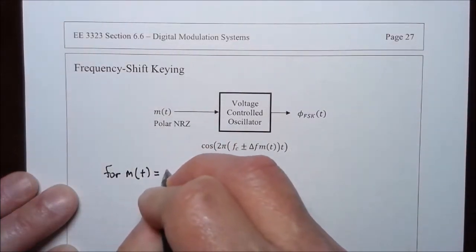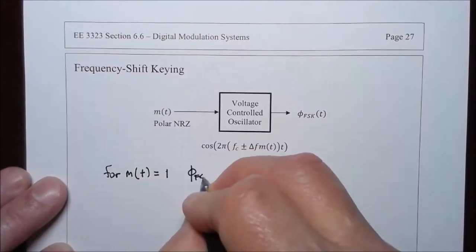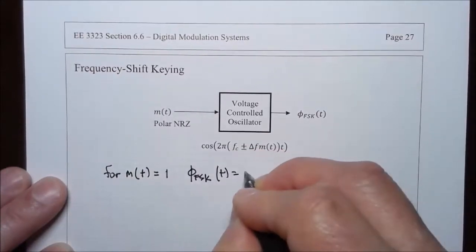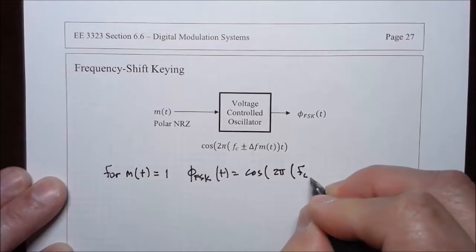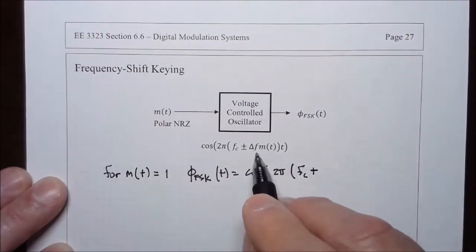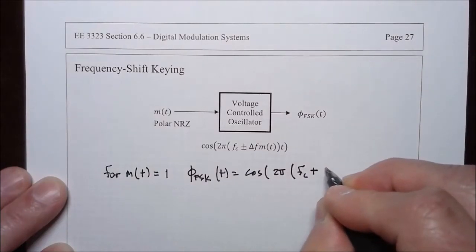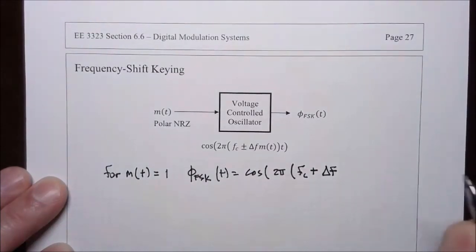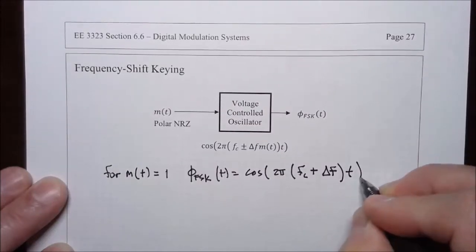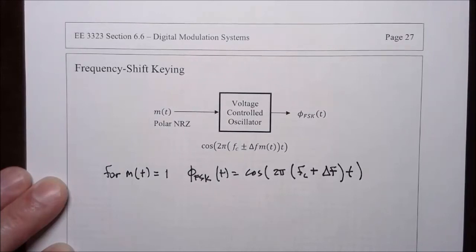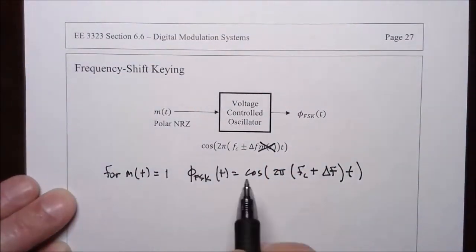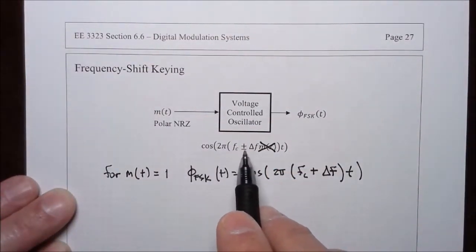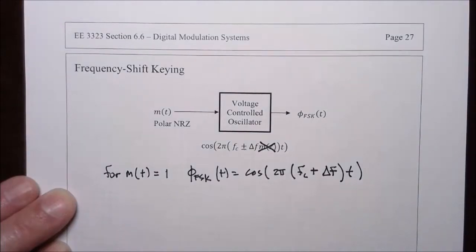For the message signal equal to +1, the frequency shift keyed signal as a function of time is going to be cosine of 2 pi times FC plus delta F times T. It's just 2 pi times FC plus or minus delta F times T, or I could have it just plus delta F times M of T. I don't need it both ways.